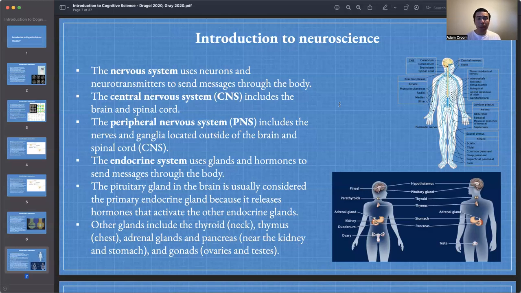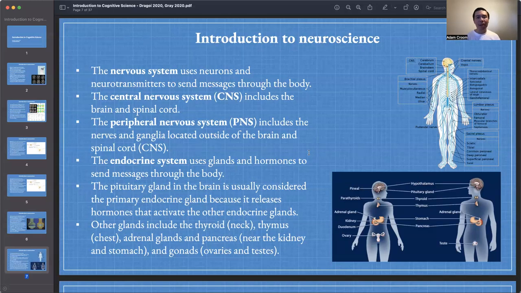Other glands include the thyroid in the neck, thymus in the chest, adrenal glands and pancreas near the kidney and stomach, and the gonads, ovaries and testes. And we see the endocrine system over here in this bottom figure.